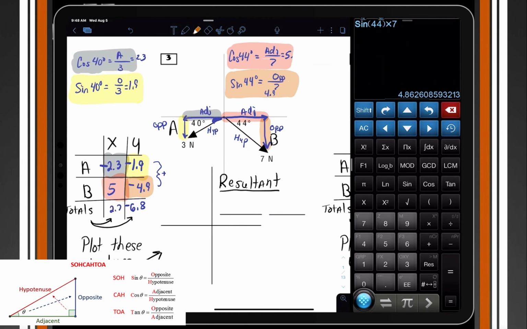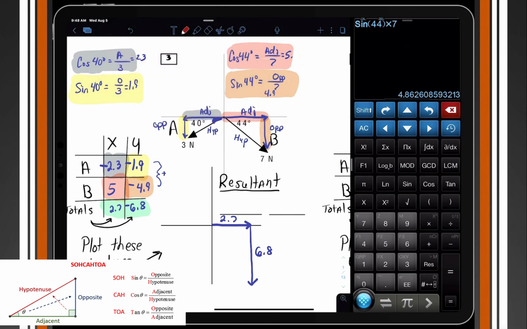These two numbers represent the components that are going to make up your resultant vector. So we will go over on the x-axis a value of 2.7, and then we're going to go down a value of 6.8. We're going down because it has a negative on this, okay?